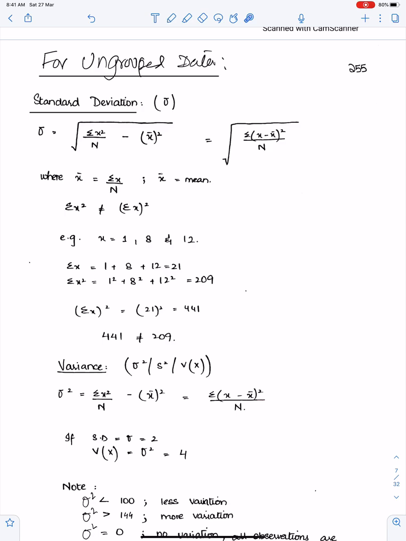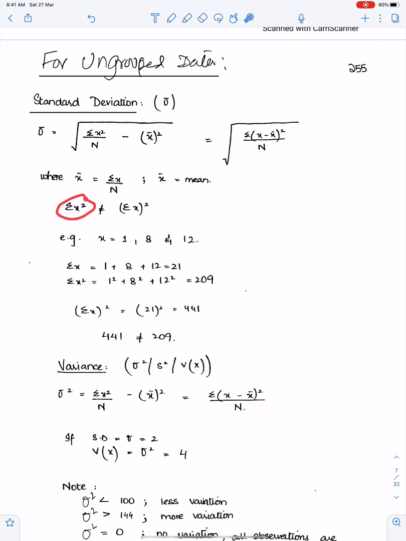So these two formulas will be given in CIs. This is square root of sigma x square over n minus x bar square, and this is square root of sigma x minus x bar whole square upon n. N means total number of observations, where x bar is sigma x over n, and x bar means the mean.